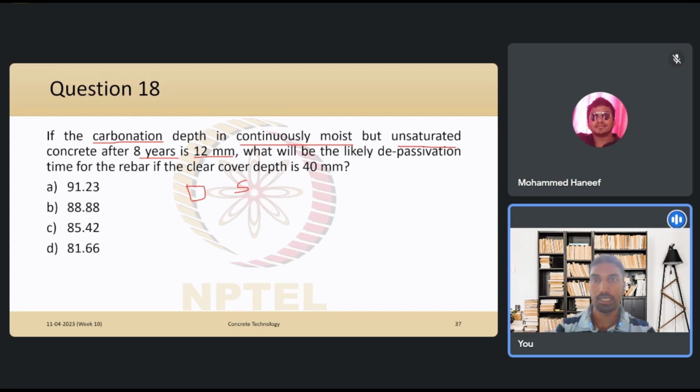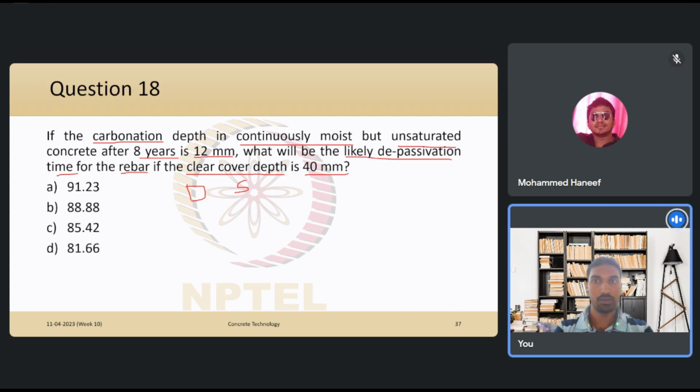Now the question is, what is the likely depassivation time for the rebar if the clear cover depth is 40 mm? What is depassivation? The depassivation time is nothing but the time it takes for the carbonation depth to reach the rebar level, such that once it has reached the rebar, the rebar is now exposed, and therefore it can start corroding.